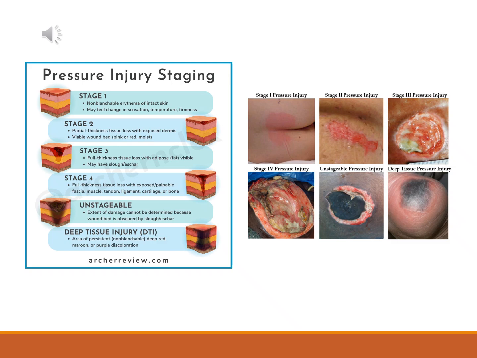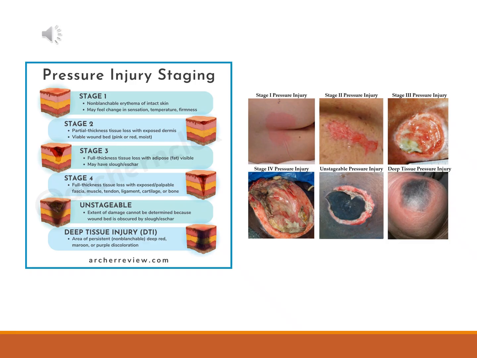So stage 1, which you can see in the 6 pictures, is the top left one. This is an area of intact skin, so no area of the skin is broken, but there is a non-blanchable redness. That means when you press on the area of redness and let go, it does not change color to white.